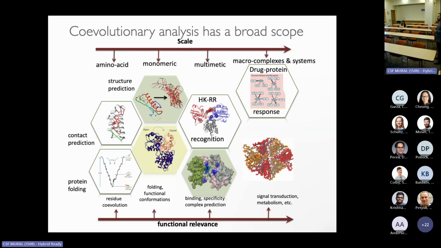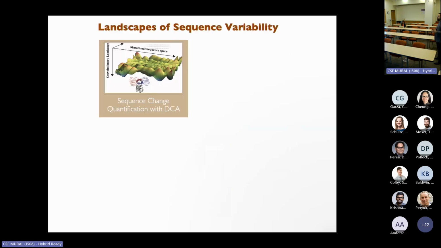So in my lab right now, we're interested in the idea of sequence variability, right? So, okay, I have a model of a family of sequences. I know that I can compute the statistical energies. So therefore, I also have a good way to say something about what the effect of a change is, right?